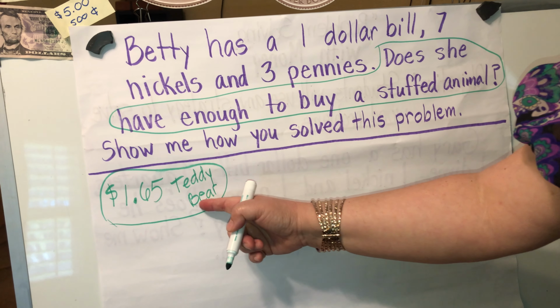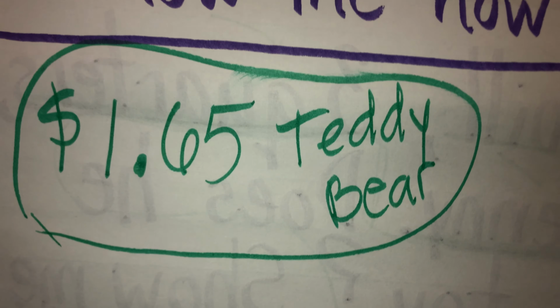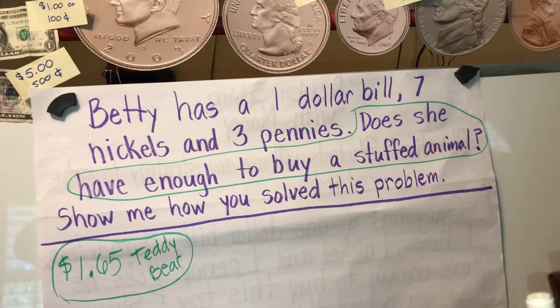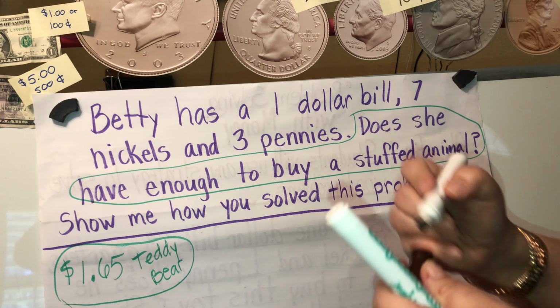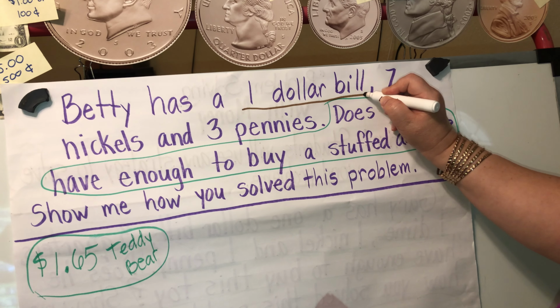And remember, the stuffed animal is the cute little teddy bear for $1.65. Now, let's go back and see how much money Betty has. So she has, well, I guess I'll use this different color marker. She has a $1 bill.